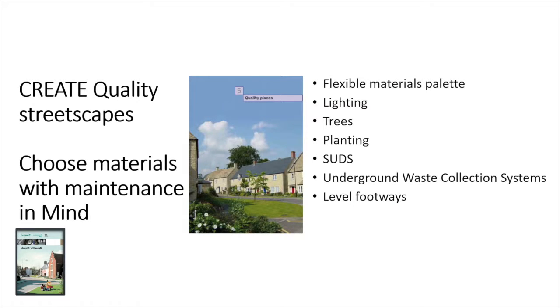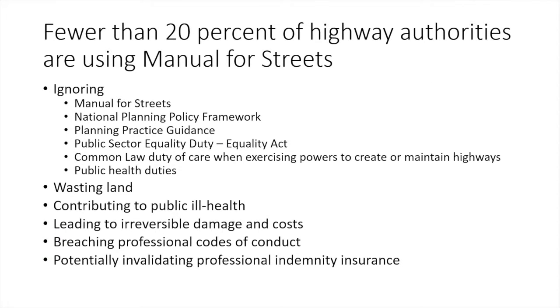Create quality streetscapes. Choose materials with maintenance in mind. Again, picking up the previous presentations, people behave in accordance with how they perceive the environment to be. If it looks good, they're going to behave better. If it looks under-maintained or neglected or vandalized, people are going to treat it with disdain and behave in a more selfish way. Right, that's the good news.